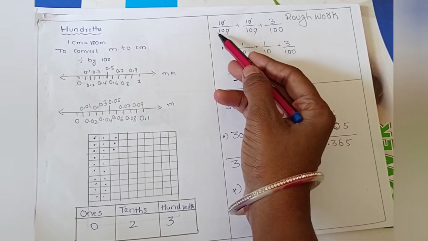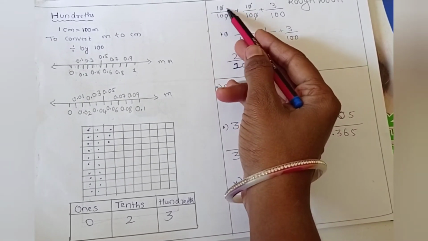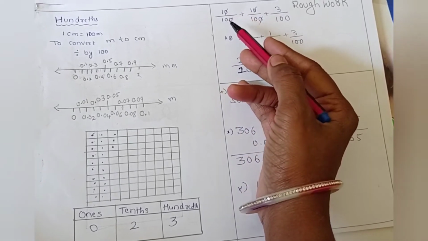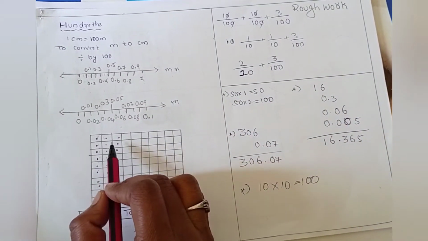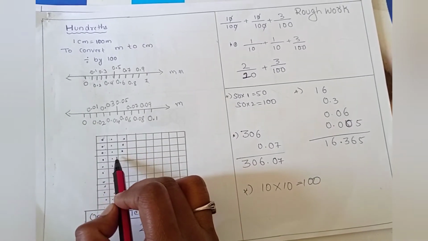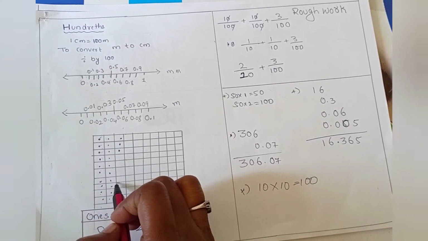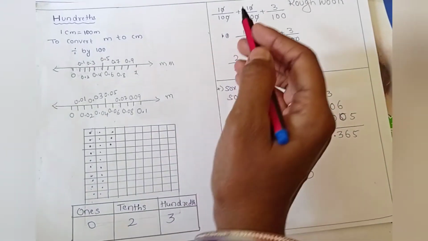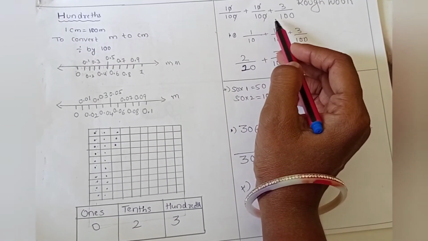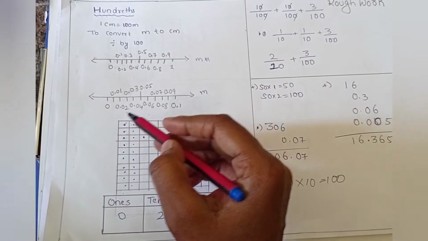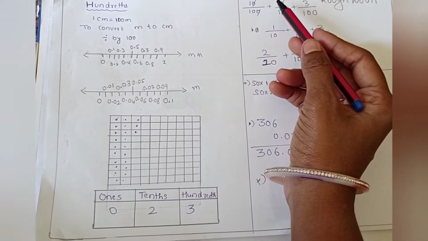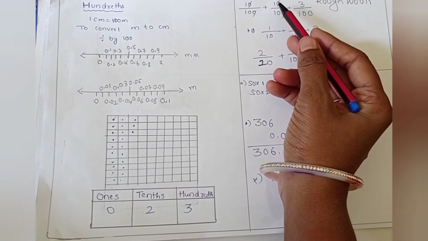Out of 100 squares, 10 squares in the first column have dots. Next, I am counting the second column. 1, 2, 3, 4, 5, 6, 7, 8, 9, 10. So, 10 by 100. Here also same. Out of 100 squares, in the second column, 10 squares have dots.